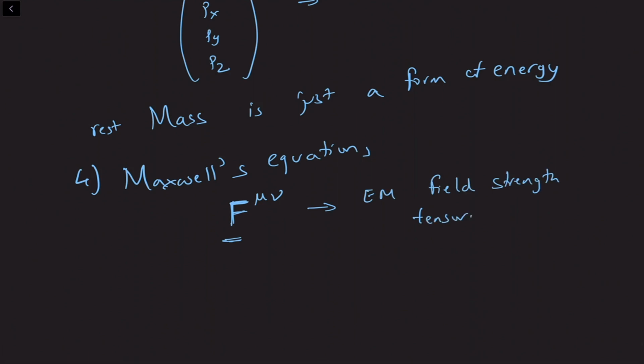Okay, and Maxwell's equations are already compatible with special relativity. However, to make it apparent that they're compatible with special relativity, we just had to rearrange things and write them in the form of tensors.